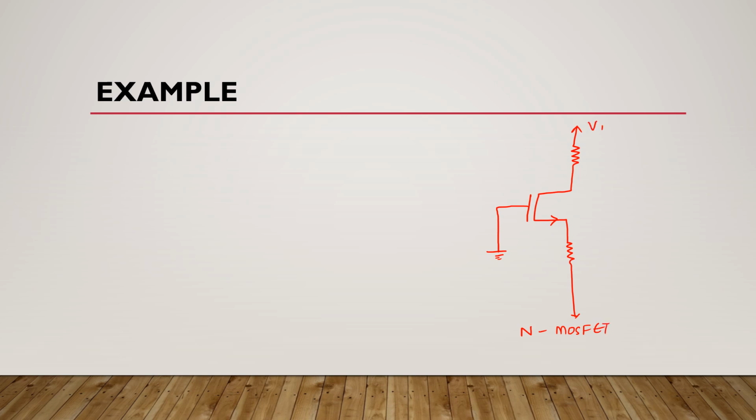Suppose here VDD is 5 volts, here we have VSS which is minus 5 volts, here we have RD, here we have RS, and here this gate is grounded. Okay, now if drain voltage is 1 volt and drain current is 0.3 milliamperes, this is the direction of drain current.